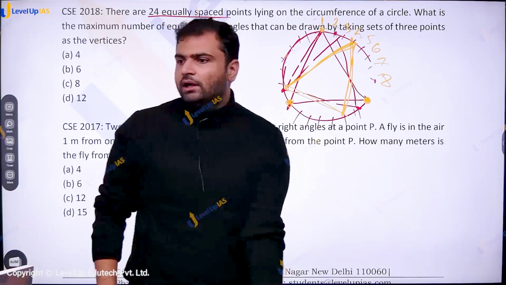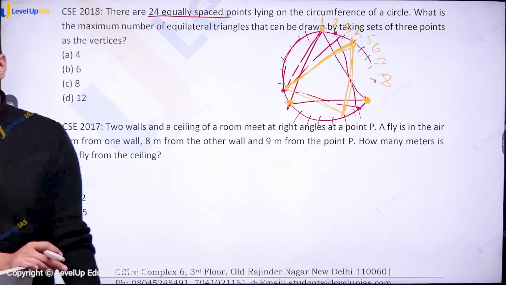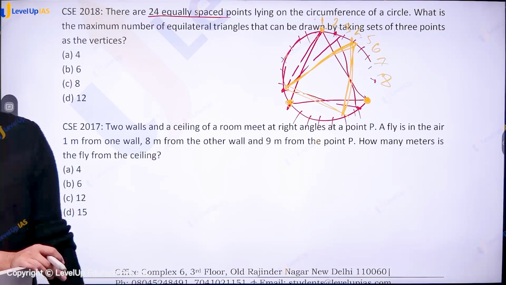So only 8 different or distinct equilateral triangles can be formed. That is the answer.